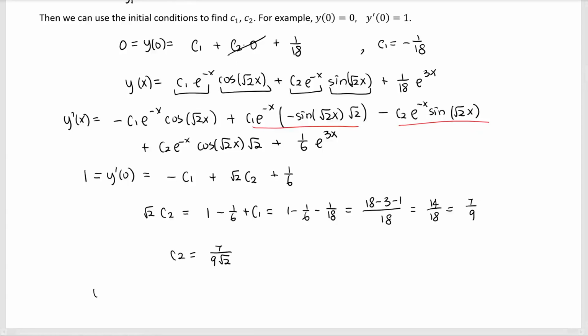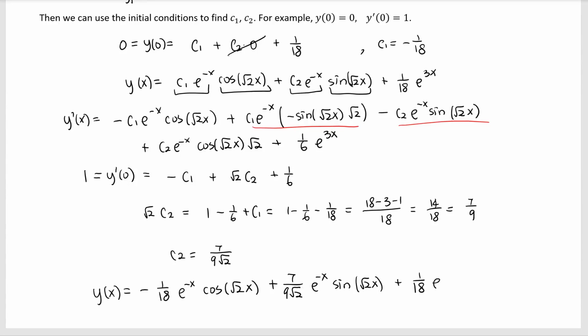So we get our solution: y of x is negative 1 over 18 e to the minus x cosine square root of 2x plus 7 over 9 square root of 2 e to the negative x sine square root of 2x plus 1 over 18 e to the 3x. So this is our final answer.